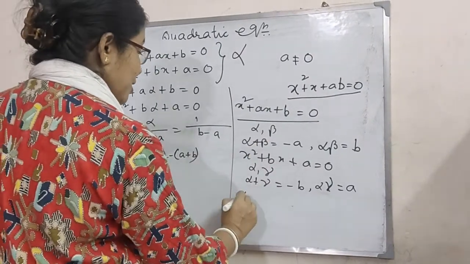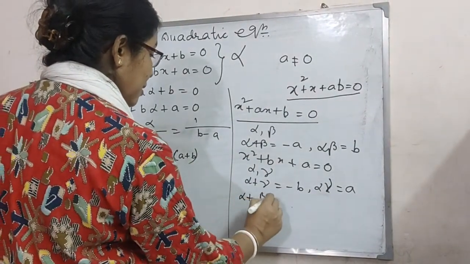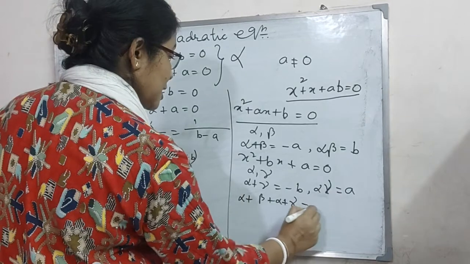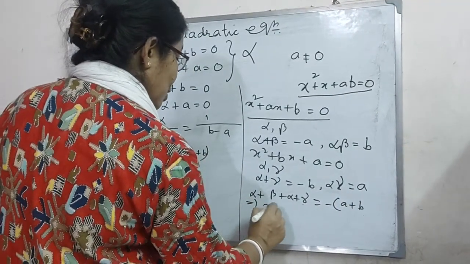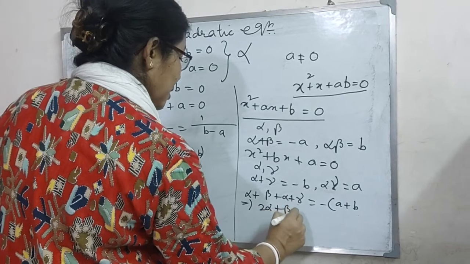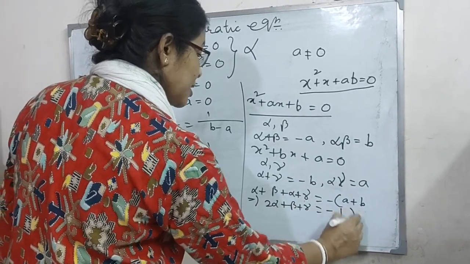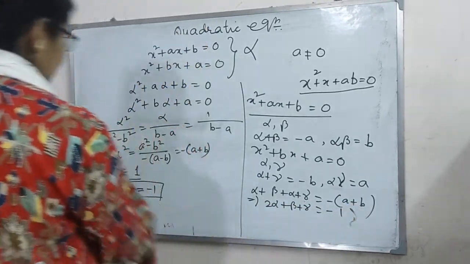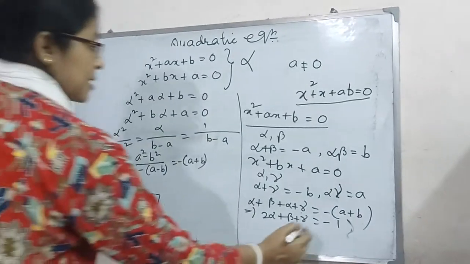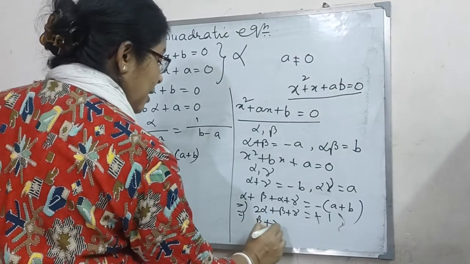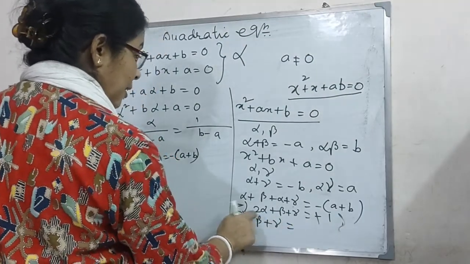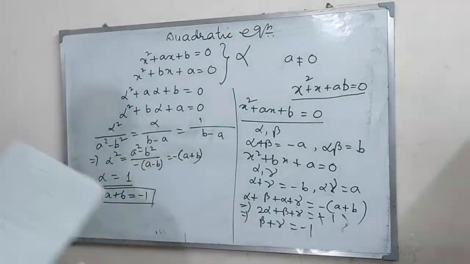From these two equations, alpha plus beta plus alpha plus gamma equal to minus a plus b. That means 2 alpha plus beta plus gamma equal to minus 1, because a plus b equal to minus 1. With alpha equal to 1, beta plus gamma equal to minus 1.